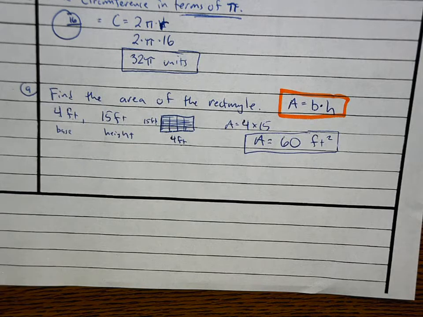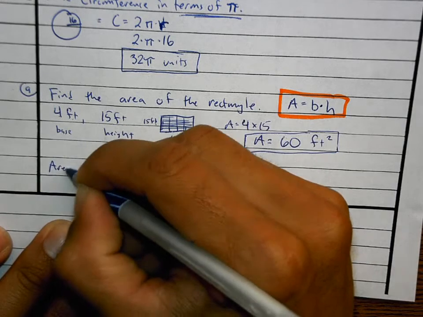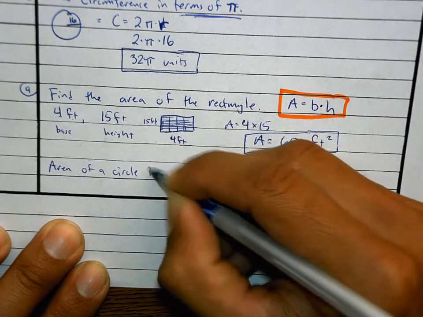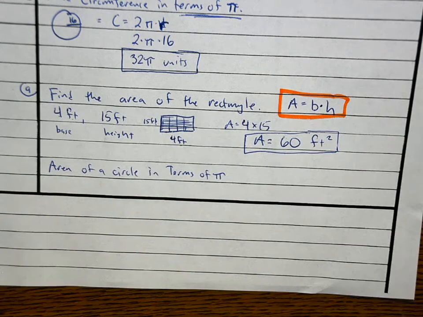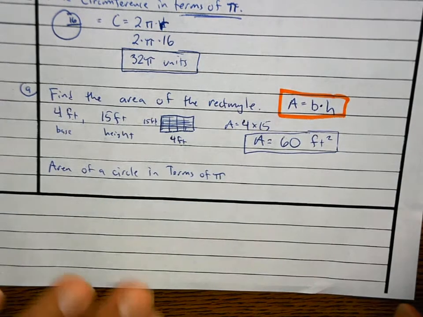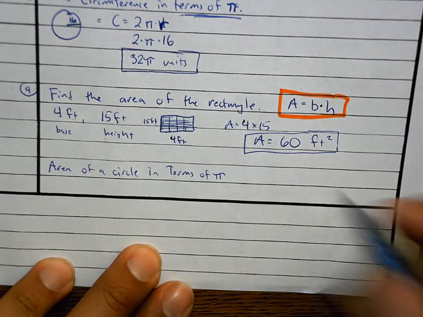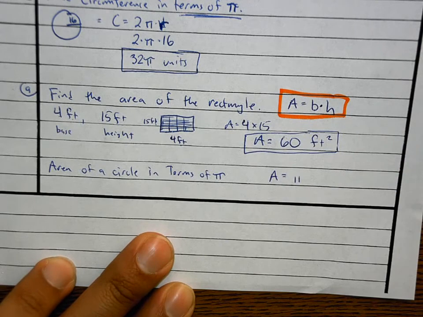Okay, what about area of a circle? Area of a circle in terms of pi. Okay, let's do that one here, then I'll turn this page over. Area of the circle in terms of pi. Let's write down what the formula is. Do you know? You should have seen it some other time in your life. What's the formula for the area of a circle?